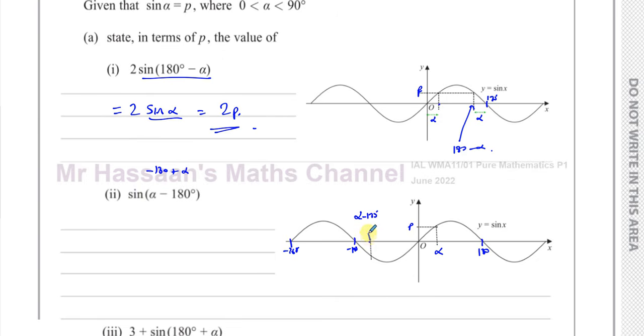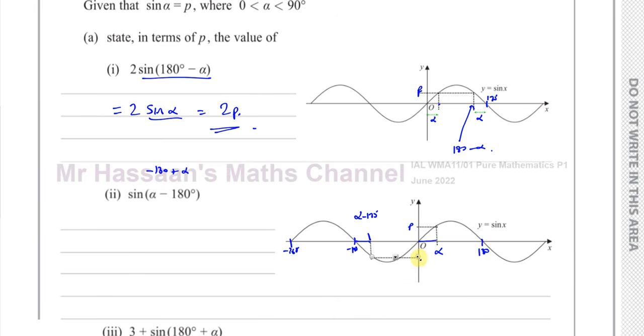This is where the angle is. Now from the symmetry of this curve, this distance and this distance are the same. You have this symmetry. So therefore the value here is not going to be P, but it's going to be the same distance as P is from the top, underneath it. It's going to be minus P. Let me just draw that straight.